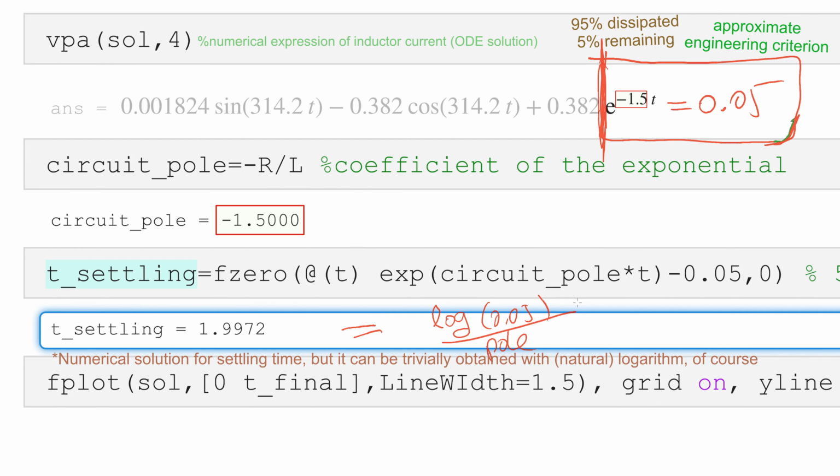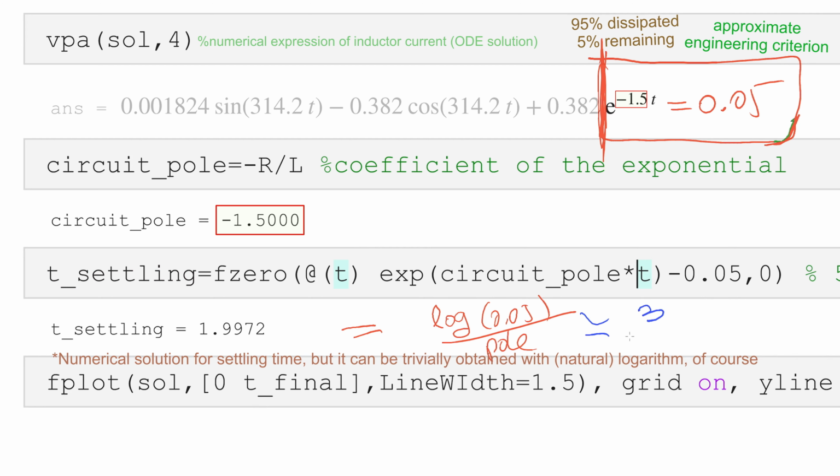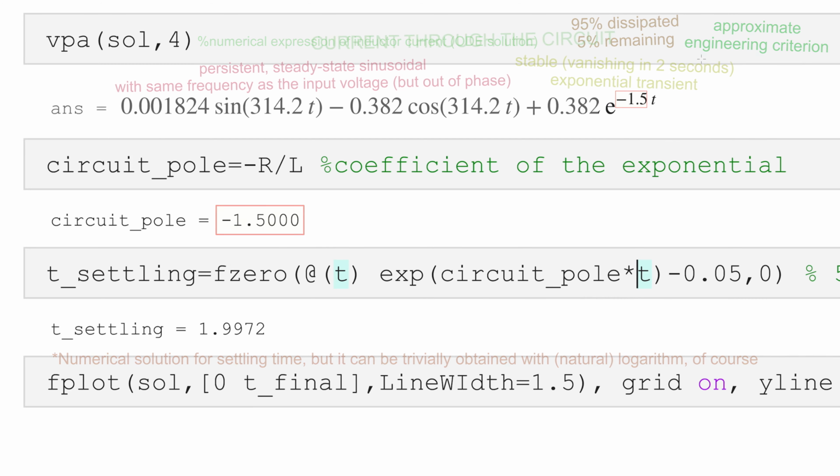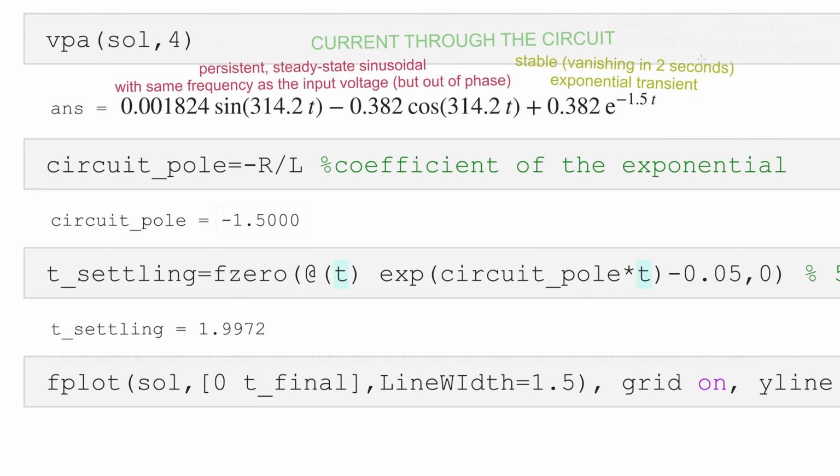So this is approximately equal to 3 over the absolute value of this pole. So it's 3 over 1.5, which is 2, that's the settling time. This means that we will have a 2-second transient, and then the steady state sinusoidal regime will run forever.